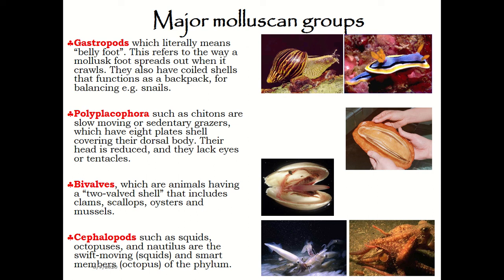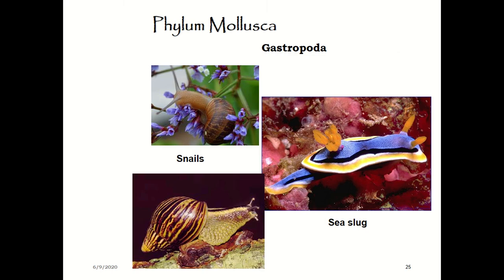For the class Bivalvia, these are animals having two valve shells such as clams, scallops, oysters, and also mussels. The fourth class of phylum Mollusca are cephalopods, such as the squid and the octopus, which are swift-moving and very smart members of the phylum, especially the octopus.